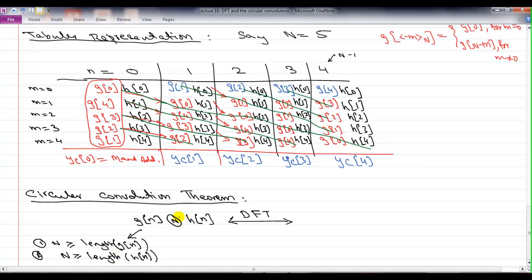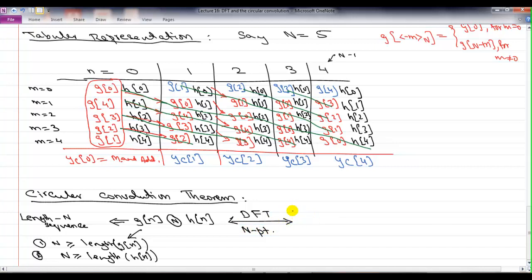Once we verify that, where n is now the length of my circular convolution, we are doing n-point circular convolution. Once we do that, then we know that we are going to get a sequence which is going to be length n. So now we are asking what DFT to compute. We are specifically talking about an n-point DFT.